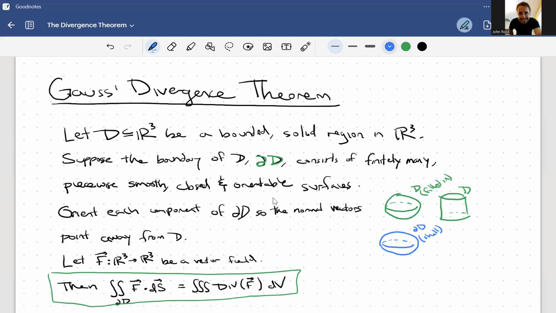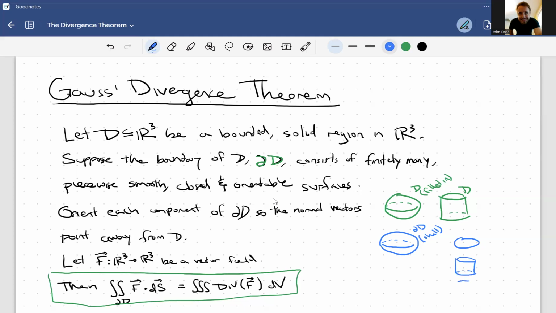Now for the cylinder, it is not a single smooth surface because it has this upper edge and this lower edge, sort of like the outer rim of this can. But what it is, is three different surfaces. So we've got the flat disk up top, we've got this cylinder, and I'm thinking of this as like an open cylinder.